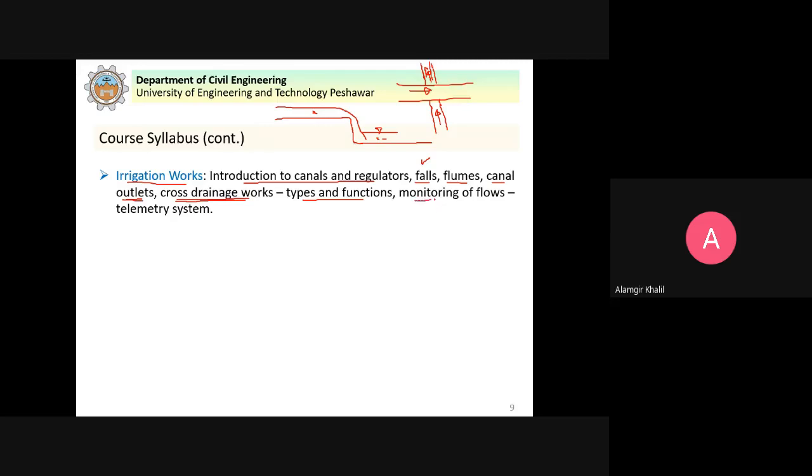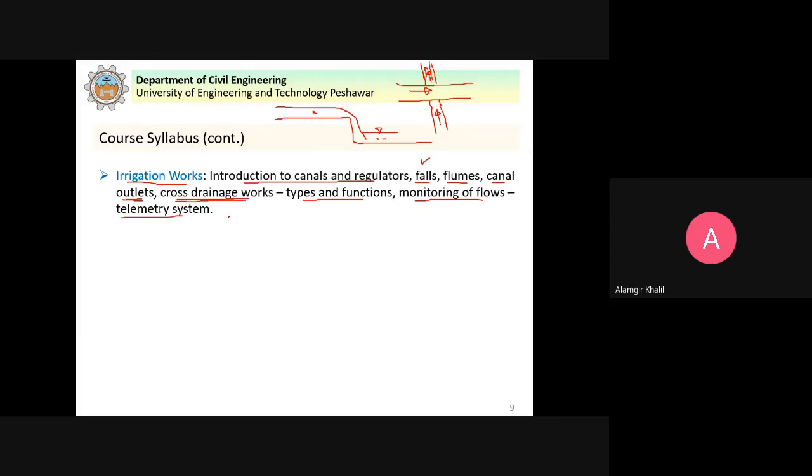And we will study about the monitoring of flows, telemetry system. We need to know how much quantity of water is flowing. For example, you have studied in hydrology the stream flow chapter. You want to monitor the flow at a particular point in a stream, that is the gauge station.